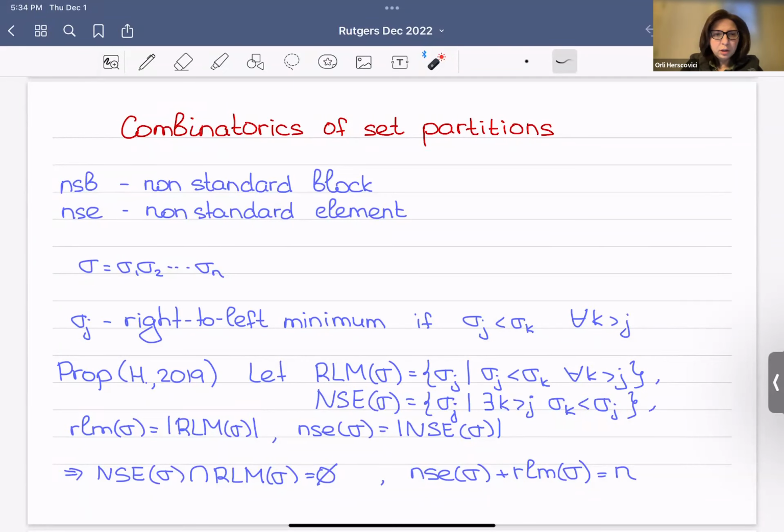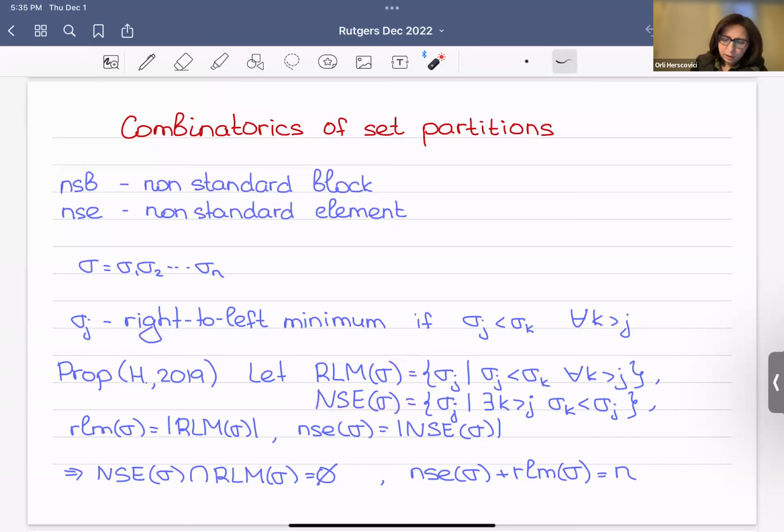In 2019 we proved the following: consider the set of all right-to-left minima of a permutation, and consider the set of non-standard elements of the permutation, defined in the same way as we defined it before. Then, first of all, these two sets are disjoint.